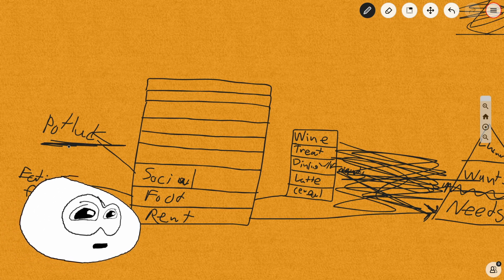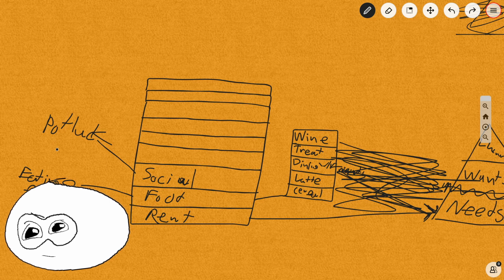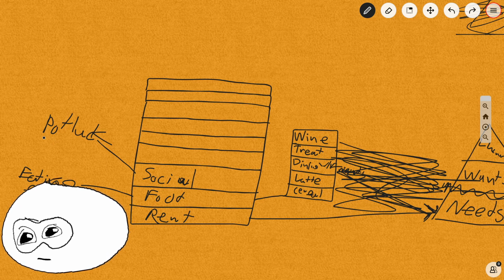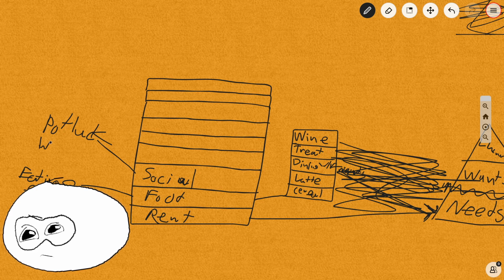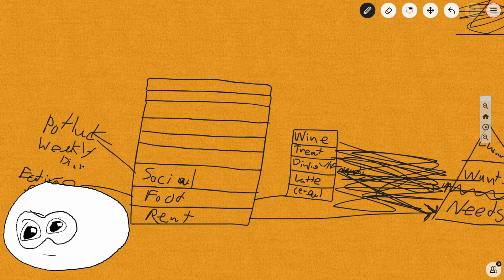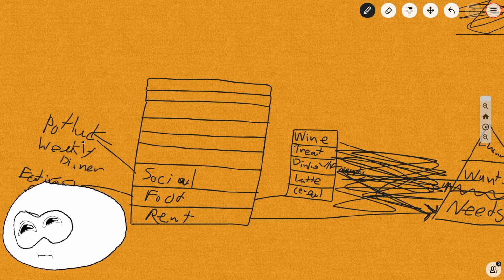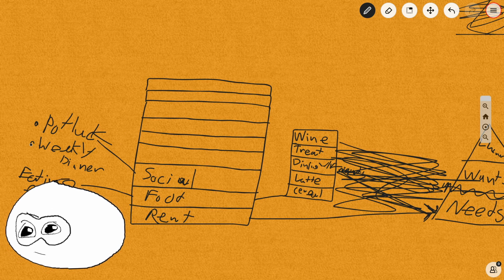Because this ain't bad. This could save you money, a potluck. But also, there might be other expenses like eating a weekly dinner with friends. And that might require some reevaluation.